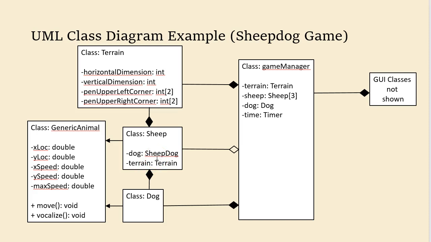The less obvious classes that you need, you may choose to have a class that actually runs the game, that acts as the game manager, the game controller. So I'll have a game, I'm going to change that to controller.